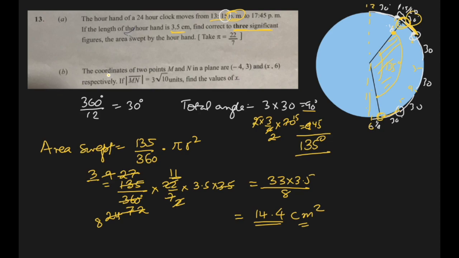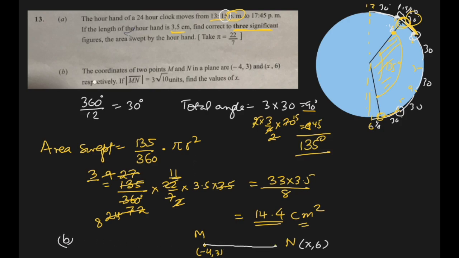B part. The coordinates of 2 points M and N. Let me draw them here. M is (-4, 3) and N is (x, 6). Let me write this here: (x, 6) and (-4, 3). This is the line I'm doing in B part.